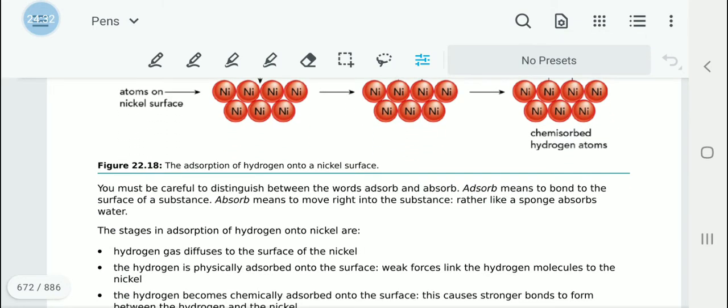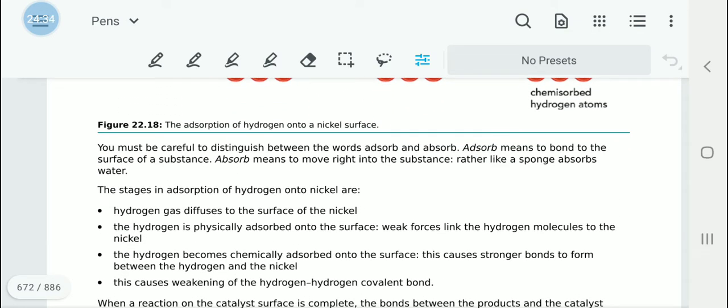So the hydrogen is able to take part in a variety of reactions because it develops a charge now. It is broken apart. Now when you consider the word adsorb, absorption is not what happens here. It does not take it in. Adsorb is bonded to the surface of a substance.